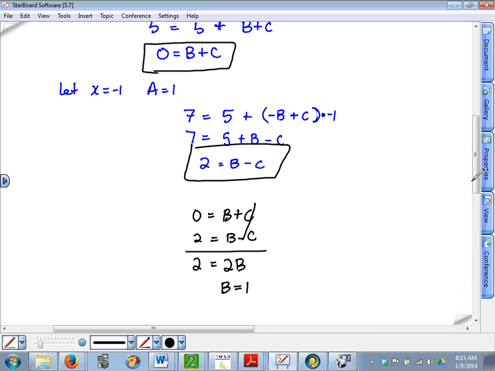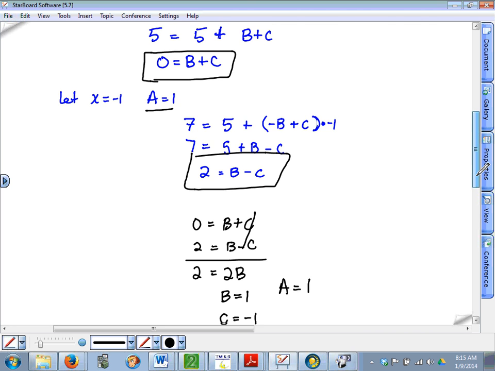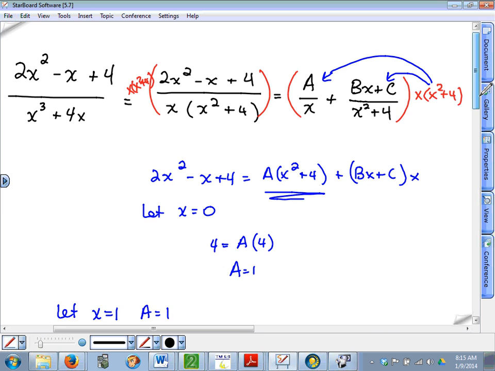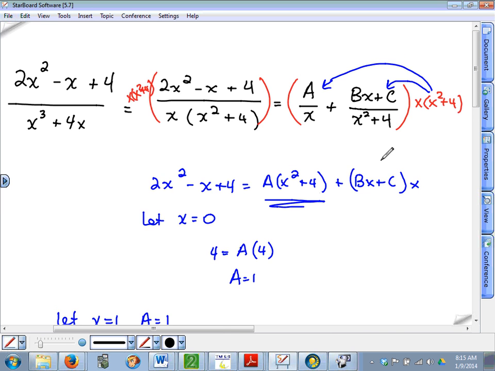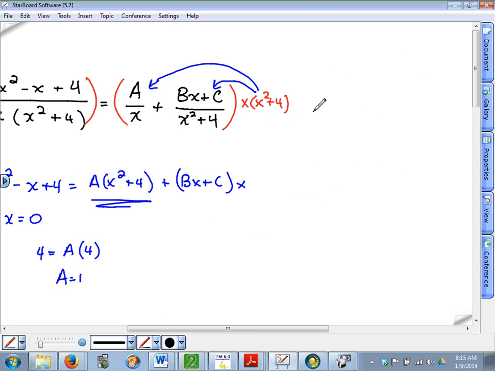So B is equal to 1. So what does that make C? Negative 1. And I already lost where A is on all of this. Where's A? There it is. So now we know that A equals 1. We have all 3. So we go back up, and we finish.